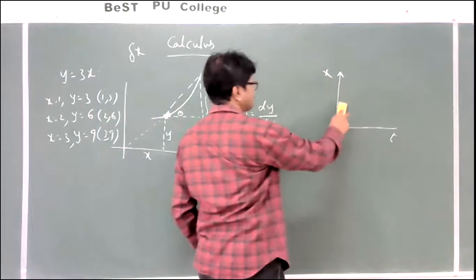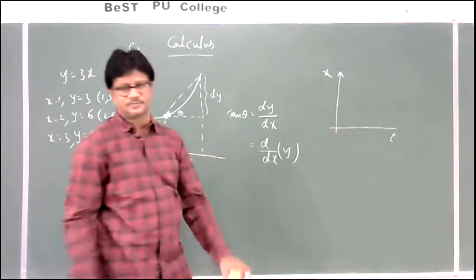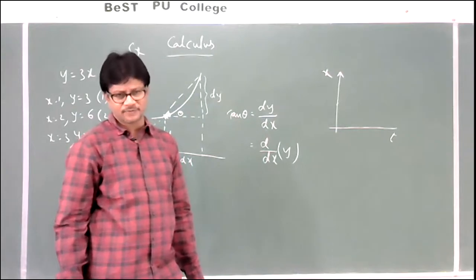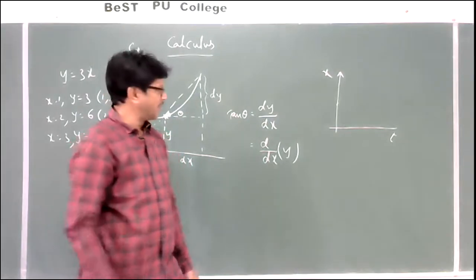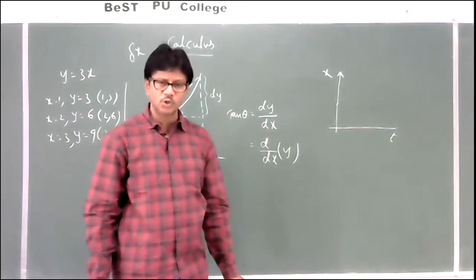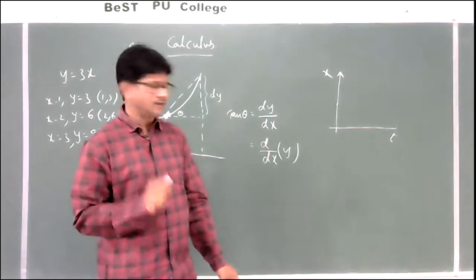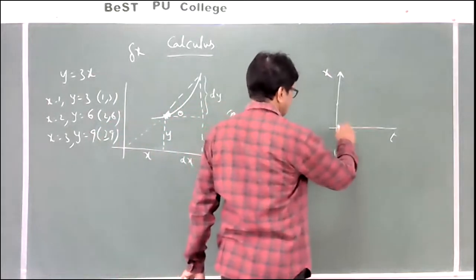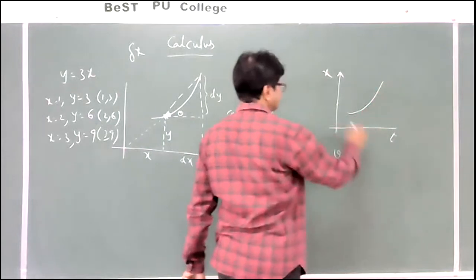For example, displacement time graph. In a displacement time graph, what will the slope give? Velocity. So velocity is equal to, for example, take this graph.